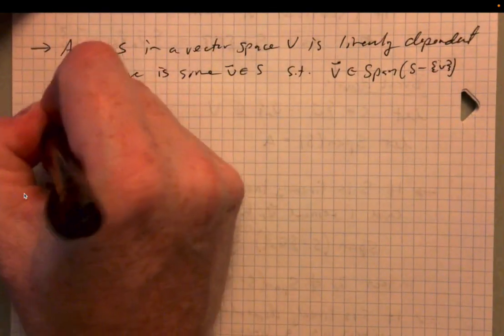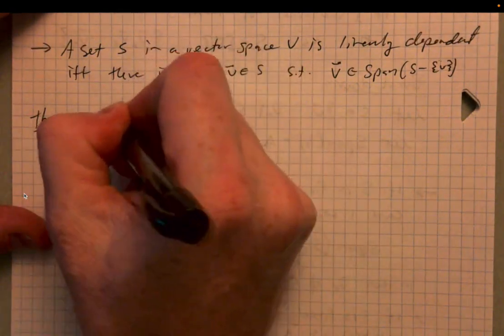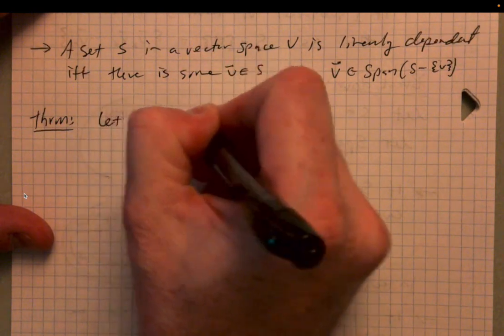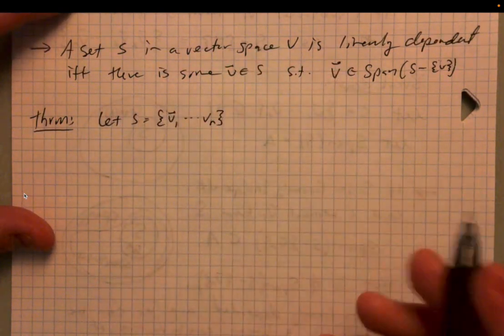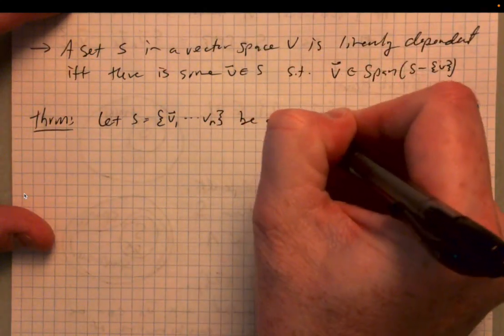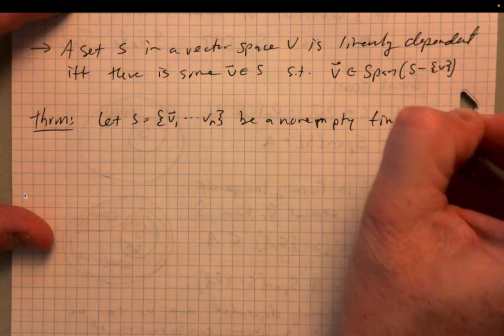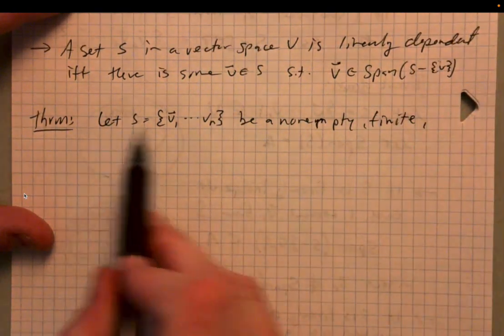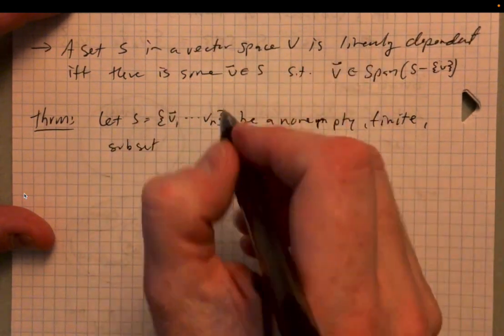Well, here's the theorem. Let S equal a set of vectors v1 through vn, a non-empty finite subset. We're talking finite for now. So we'll let S be a non-empty finite subset of a vector space V.